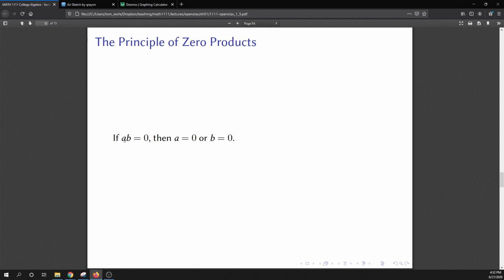If the two numbers are both positive, then when I multiply them together, I get a positive. Or if they're both negative, I also get a positive. And if one's positive and one's negative, I'll get a negative number, not zero. So if I multiply two numbers and I get zero, then one or both of those numbers has to be zero.